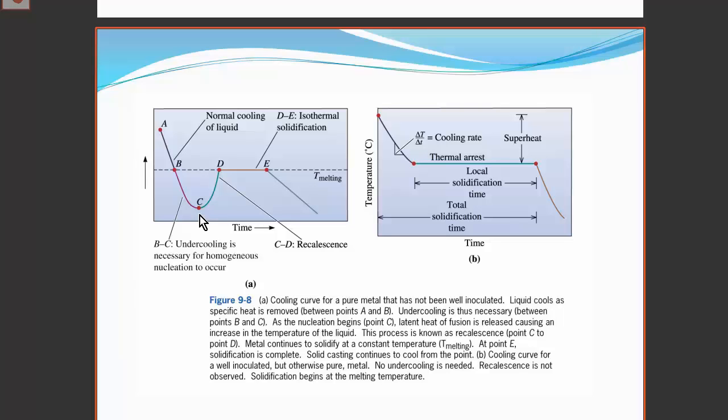Once nucleation or solidification occurs, the latent heat released from the solidification reaction raises the temperature of the melt back up to the melting point of the material.